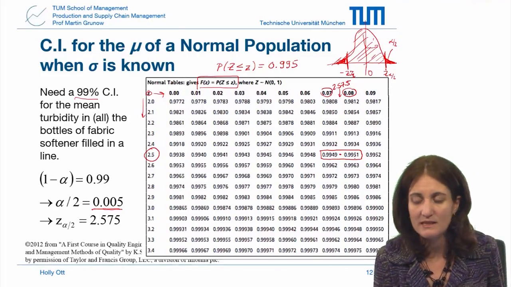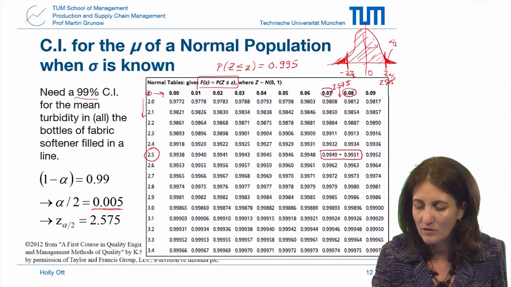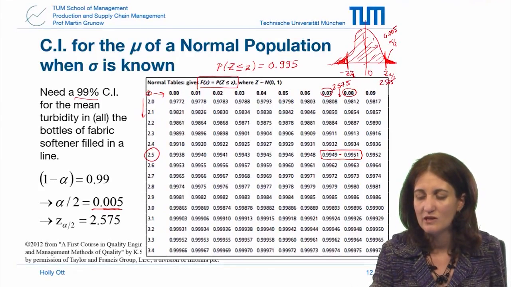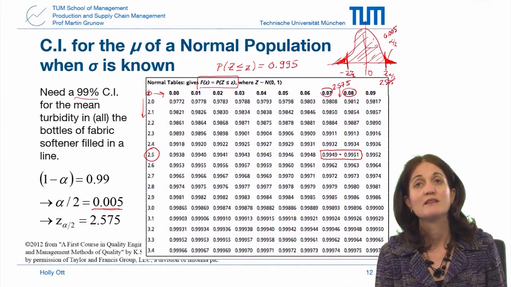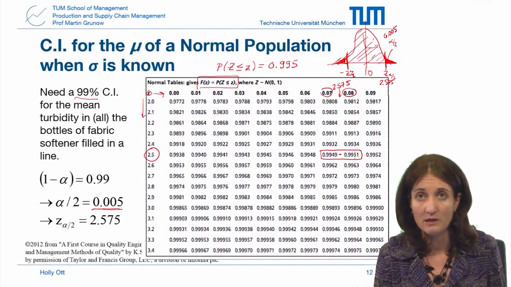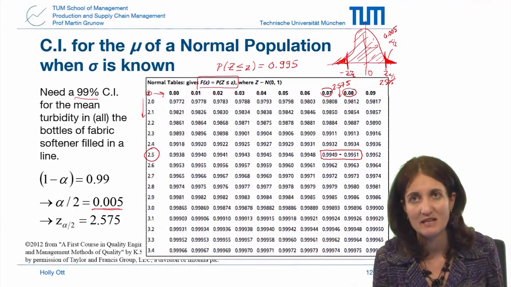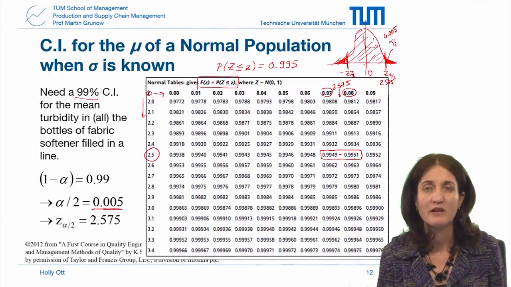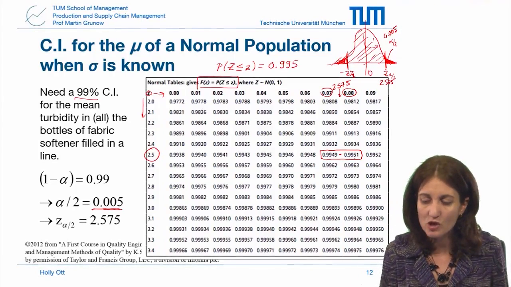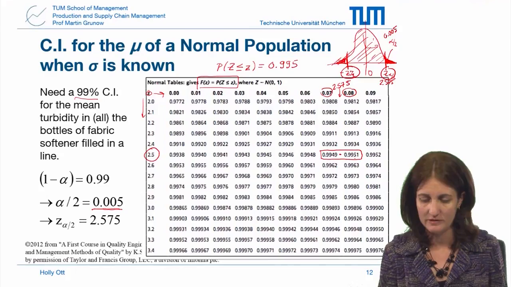What this means is that at 2.575, I will only have 0.005 probability that the random variable will be larger than 2.575. Maybe you can look at that again yourselves, just remind yourselves how to use that table. But the goal here was to find these two z alpha over 2 values.